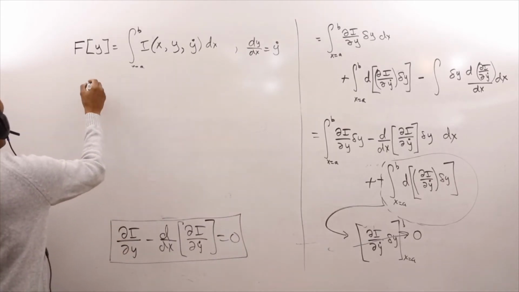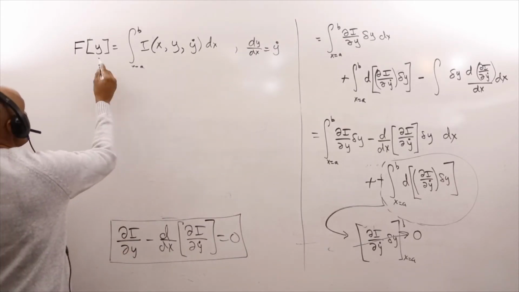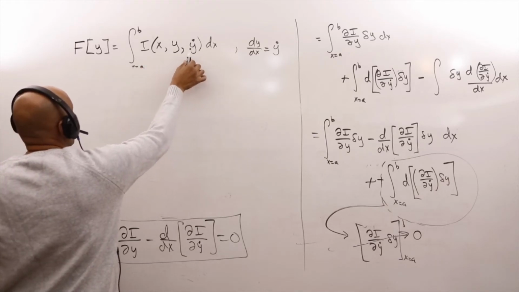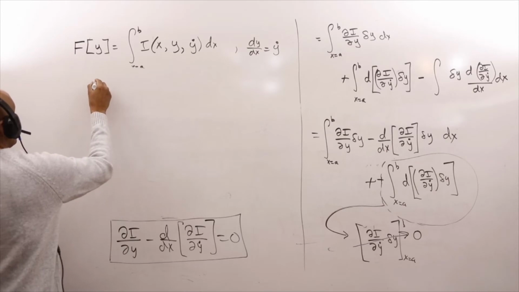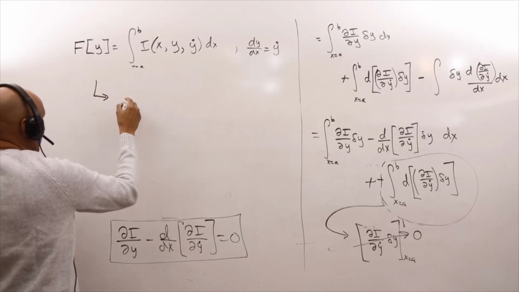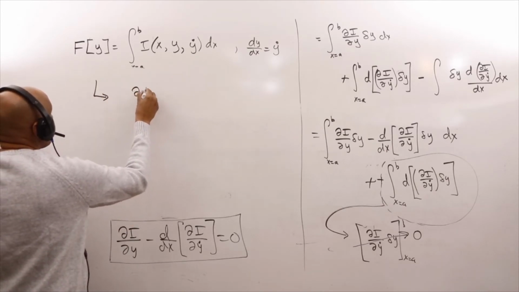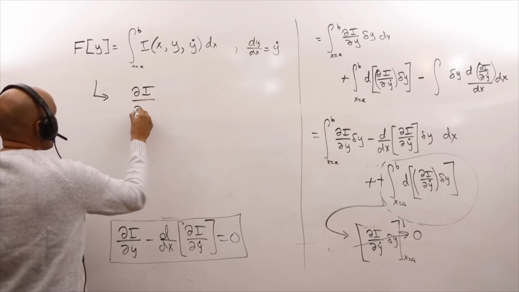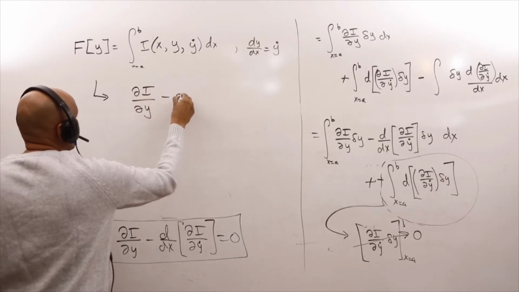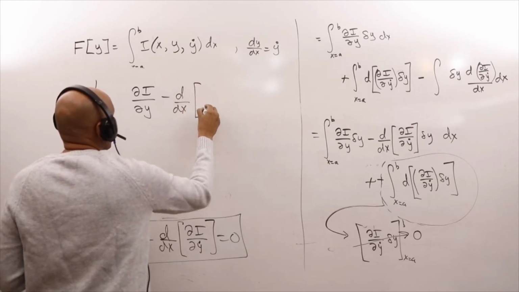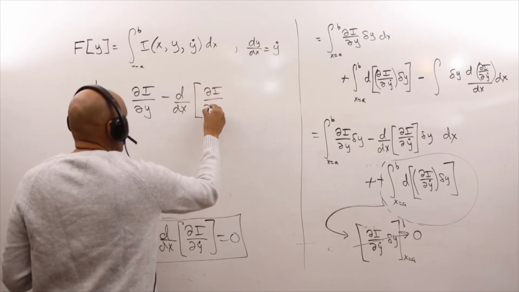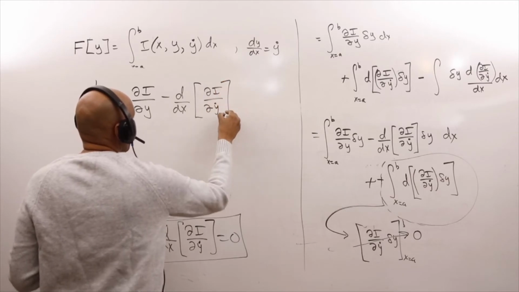So what you're saying is that if somebody gives you a functional that has x, y, and y dot, then this implies the differential equation: partial of I with respect to y minus d/dx of the partial of I with respect to y dot equals 0.